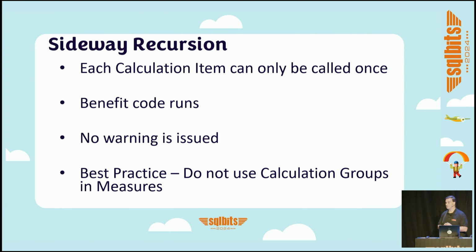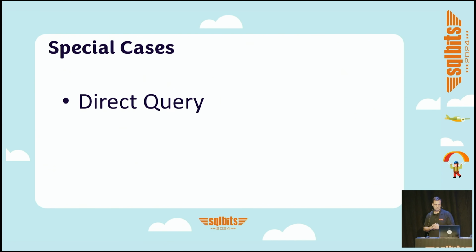Again, this is if we're using calculation groups in DAX measures. So really, best practice is not to do that. We've already shown how calculation groups are valuable, just calling them the way they are. There are special cases, and you will need to research this.